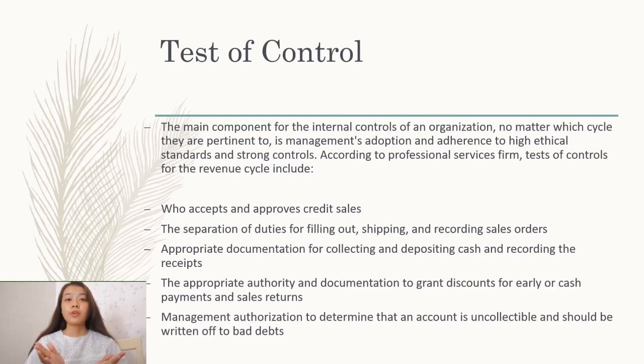According to the professional service firm, tests of control of the revenue cycle include who accepts and approves the credit sales, the separation of duty in filling out, shipping, and recording sales orders, appropriate documentation for collecting and depositing cash and recording receipt, the appropriate authority and documentation to grant discount for early or cash payment and sales return. And the last one is the management authorization to determine that an account is uncollectible and should be written off as bad debt.